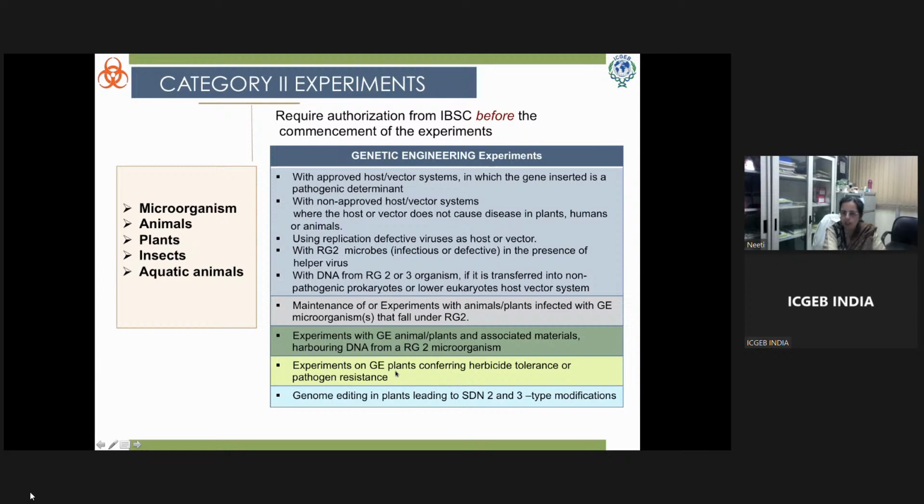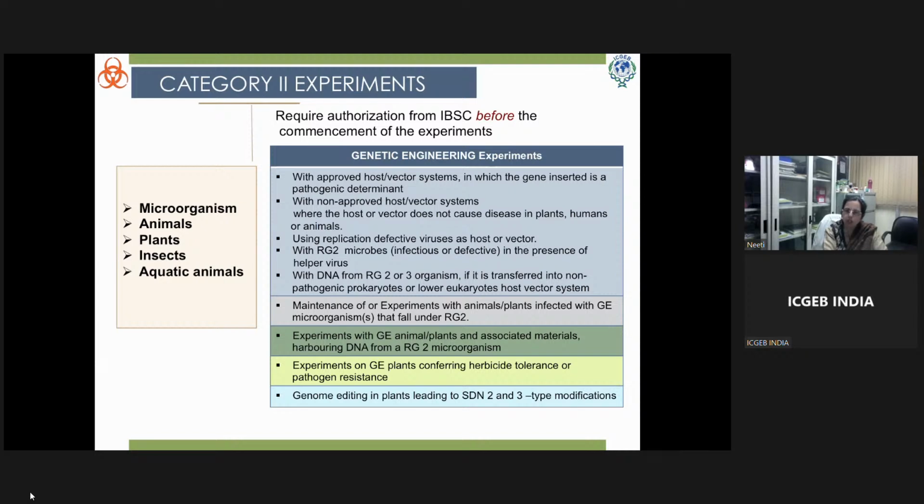In case of plants, all genetically engineered plants which confer herbicide tolerance or pathogen resistance need to be handled under group 2 containment facilities, because we don't want these genes getting transferred in the environment outside. And specific cases of gene editing which involve SDN2 and 3 types of modifications also get classified under this group. So, now we know that the pathogen or the infection causing host and microbes get classified as BSL-3 and 4.